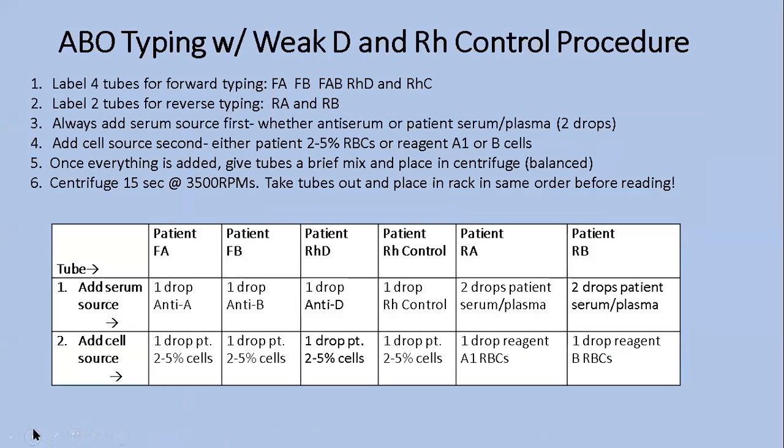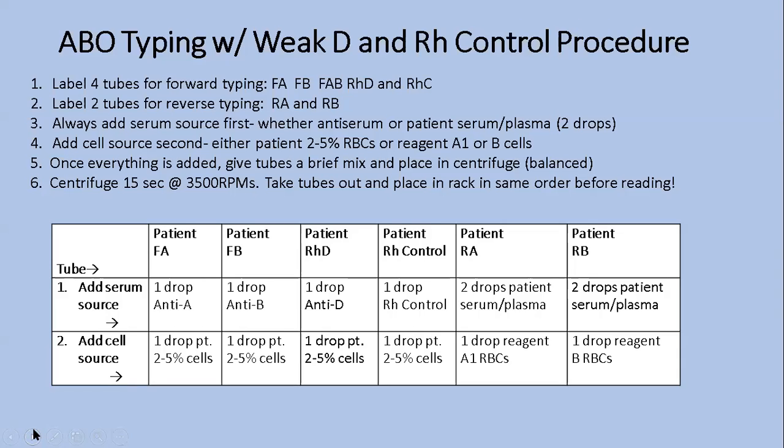So in blood bank, the testing that we do is really sequential, and so we continue to build on the tests that we know how to do, and we add something new to them. For Lab 3, we're going to build on our ABO forward and reverse typing, and we're going to concentrate a little bit on weak D testing and Rh control.